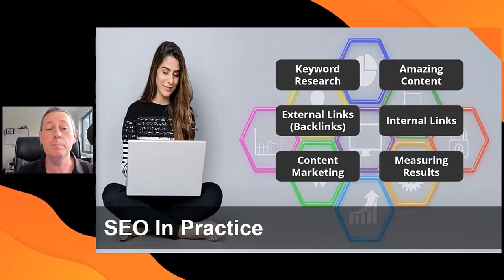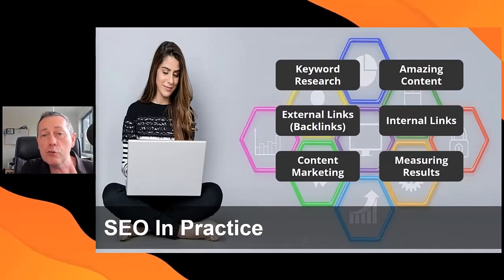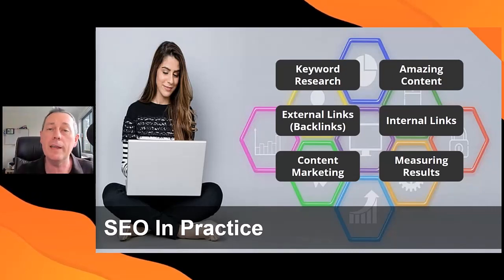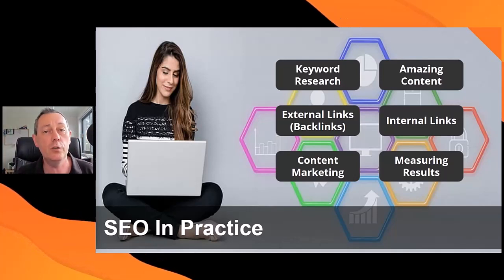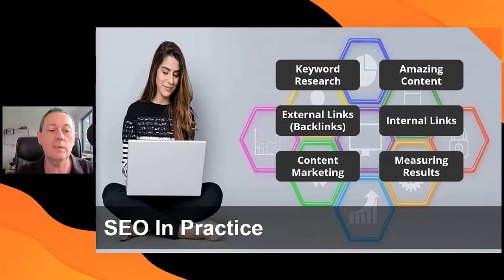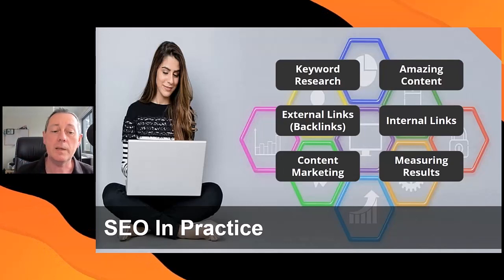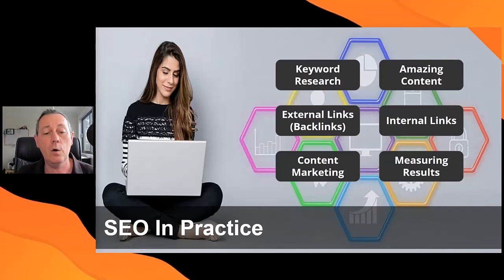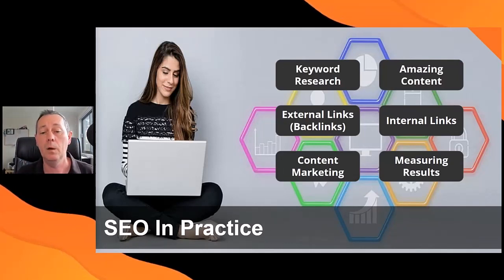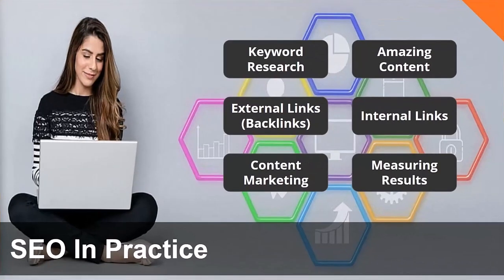So internal linking is important as well. It's important that Google can crawl through your website and find all the pages. So you need to make sure that all your content is linked together like a spider's web. Content marketing, so generating the correct type of content on social media, on your website, and bringing traffic to your website.